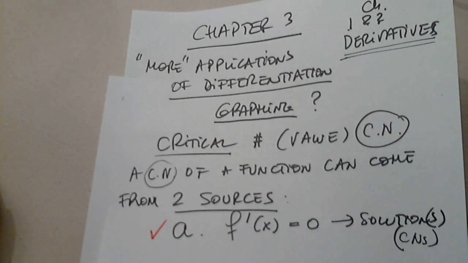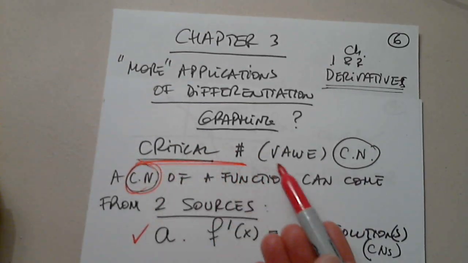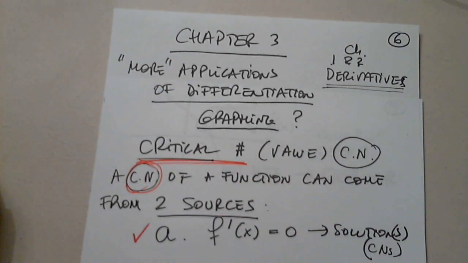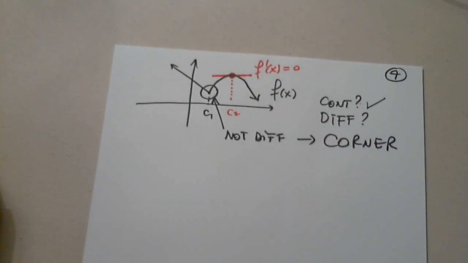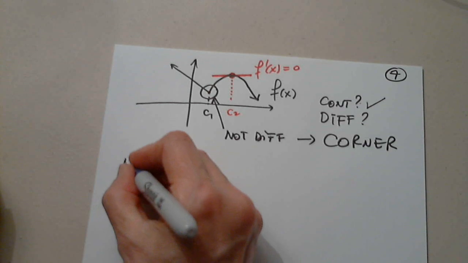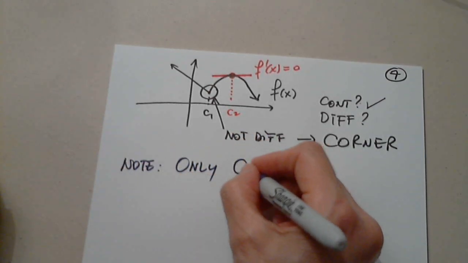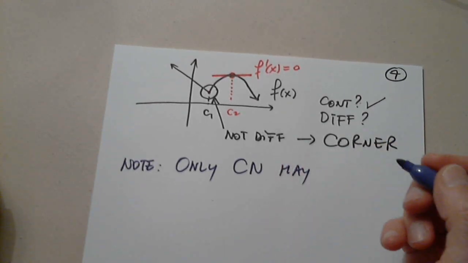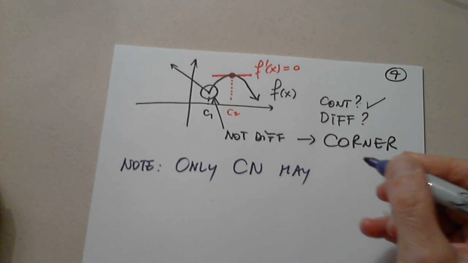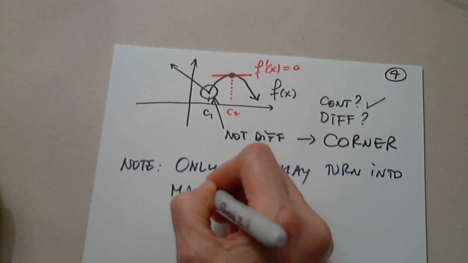Now, what's such a big deal about these critical numbers? Who really cares about critical numbers? Well, here's why we care. Note, only critical numbers may turn into max-min.